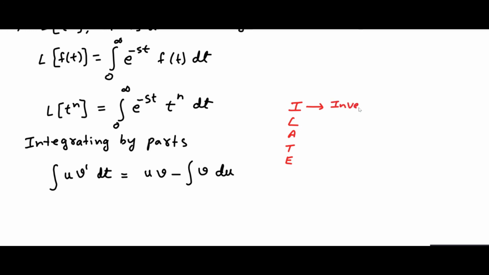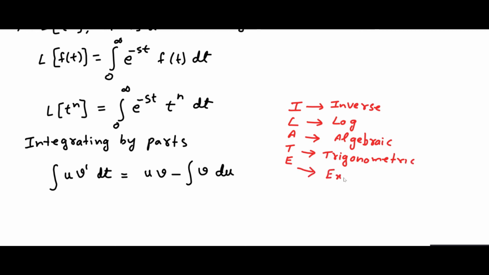I represents the inverse function, L represents the logarithmic function, A represents the algebraic function, T represents the trigonometric function, and E represents the exponential function.